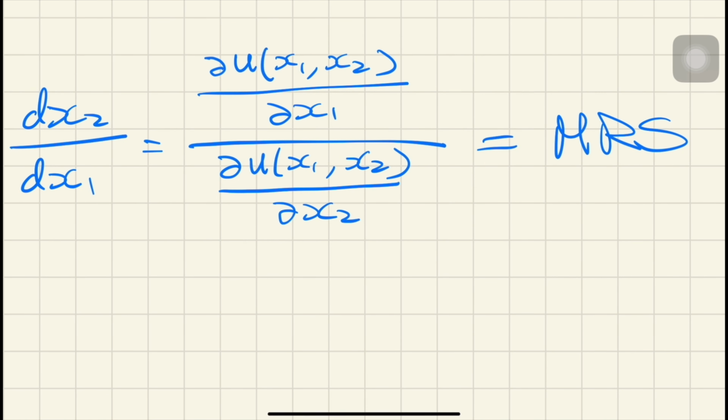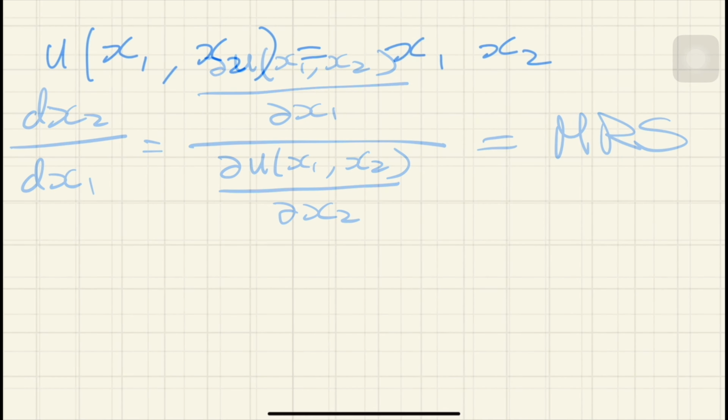This is the formula for the marginal rate of substitution, and it's a division between the partial derivative of the first variable over the partial derivative of the second variable. And what we are differentiating here is the utility function with respect to x1, the first variable, and the utility function with respect to the second variable, x2 here.